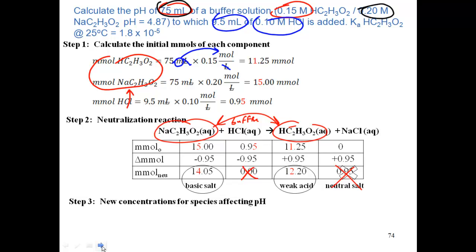We break them up into our dissociation of a soluble salt, do hydrolysis of the acid, and do the calculation. So next step now is let's figure out the new concentrations of these species. I know I got 14.05 millimoles of sodium acetate and 12.20 millimoles of acetic acid, but I want concentration. So I got to take those millimoles and put it over the total volume, which in this case is, what's the total volume?